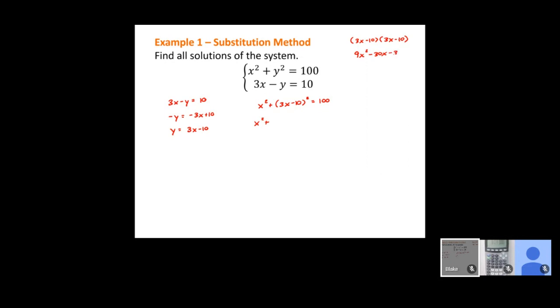The inner terms are going to give us the same thing. And then the last terms are plus 100. So combining like terms there now, we're going to get 9x squared minus 60x plus 100 equals 100. And now we have this quadratic that we can actually solve. So we combine like terms, 10x squared minus 60x. Subtracting 100 from both sides here is just going to give us 0.